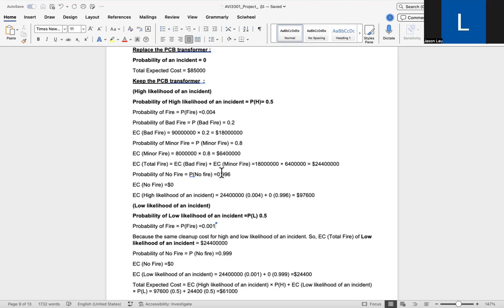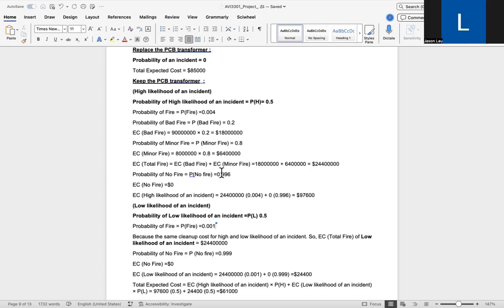Because the cleanup cost is the same for high and low likelihood of an incident, the expected cost of a low likelihood of an incident is 24.4 million.